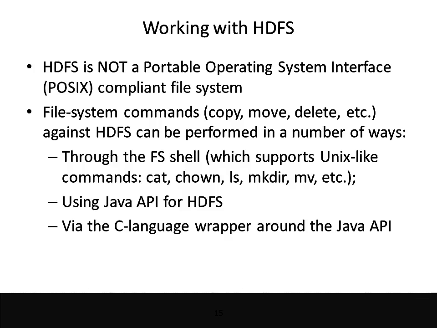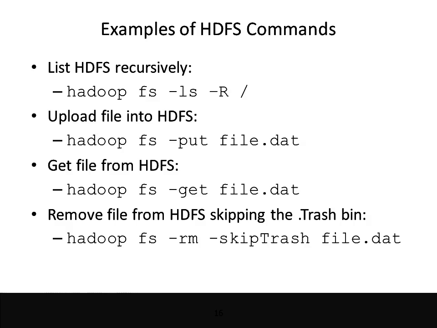And some examples of what this actually looks like. So here are a few examples of HDFS commands done with the FS prompt. I can say file system ls, list recursively. It'll list the files recursively from the root directory in this particular case. The next two examples are showing how we can actually get data in and out of HDFS.